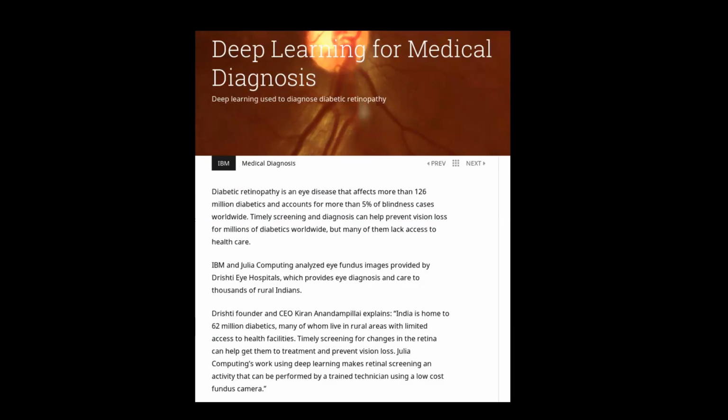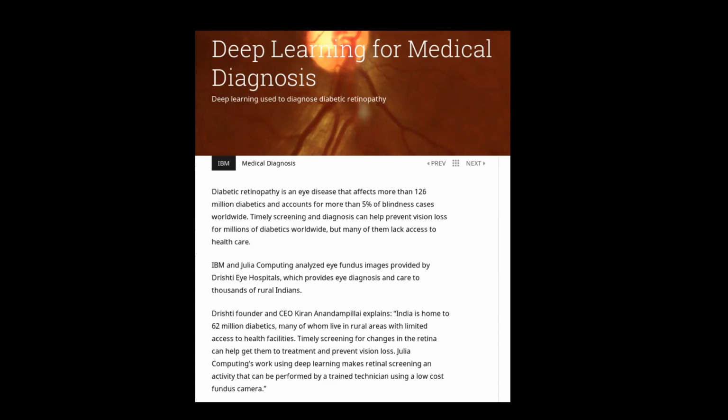The problem is that there were so many retinal images that had to be looked at that the workload just bogged down, and people's vision and health were at risk. By using artificial intelligence and machine learning, they were able to sort through these images and prioritize them so they could allocate the actual skilled technicians to look at the highest priority cases. They got rid of all of that grunt-level work that was holding up the whole process.